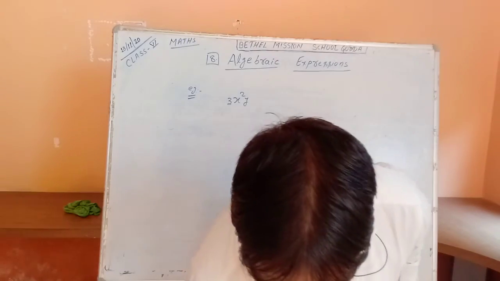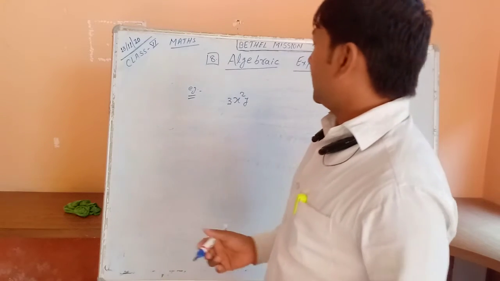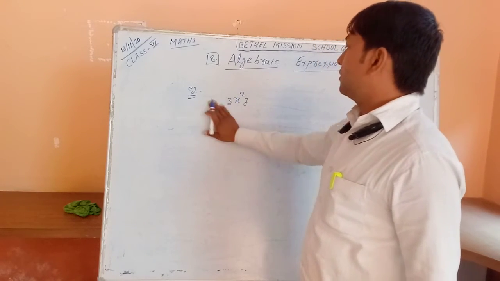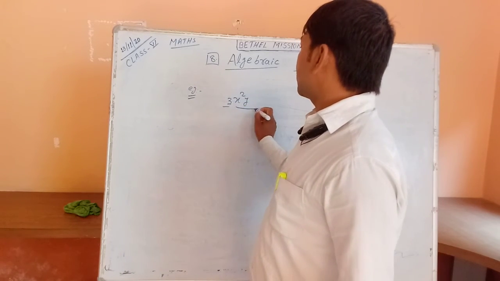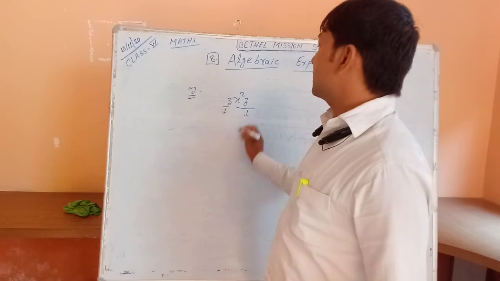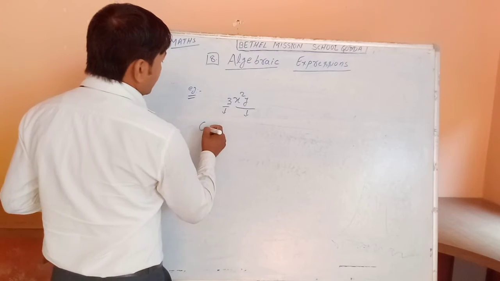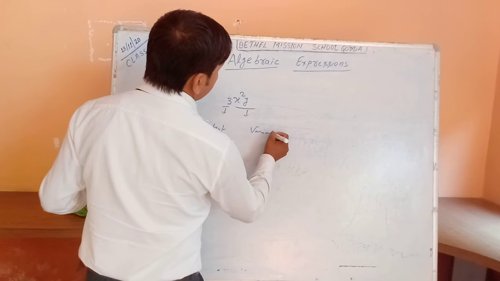Here there are two types of symbols used, 3 and x square y. This is a constant and this is variables. Okay, this is the constant term and this is variables.